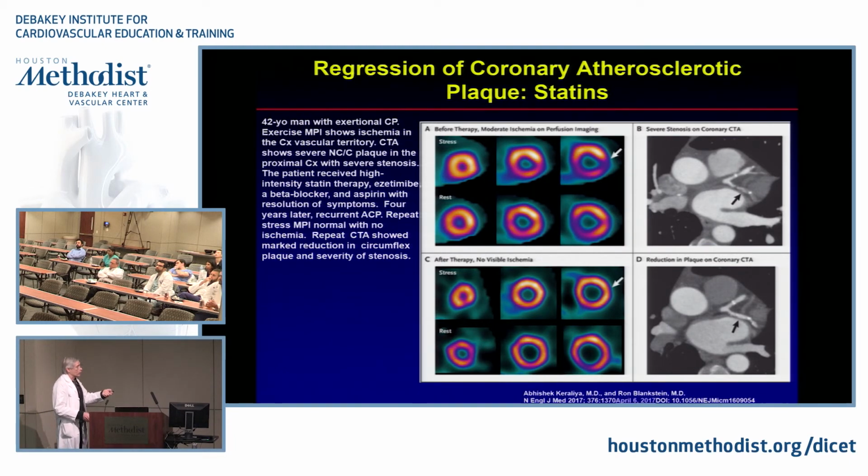And because he had a relatively small defect he was aggressively treated with different medications as well as ezetimibe and a statin. And then 4 years later came back with atypical chest pain, and so they repeated the nuclear study, and the nuclear study now is completely normal. And look at the change in the area of the circumflex in terms of improvement, in terms of reduction in atherosclerotic plaque burden. So there's becoming more and more information being defined.